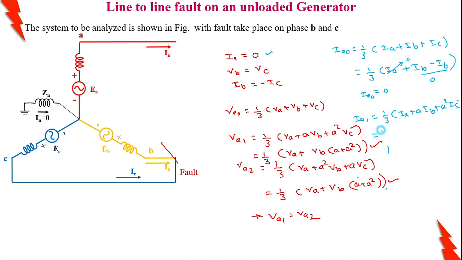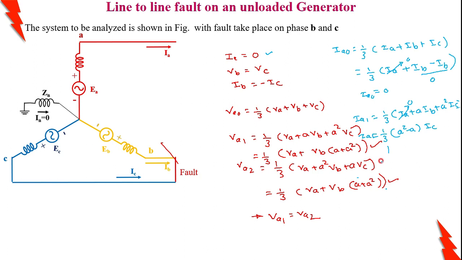Once again, IA is 0, then IB can be replaced by minus IC. Therefore, I am getting here a² minus a into IC. Instead of IB, I am putting minus IC, therefore it is minus aIC plus a²IC. So what I am getting for IA1 is (a² minus a) IC.